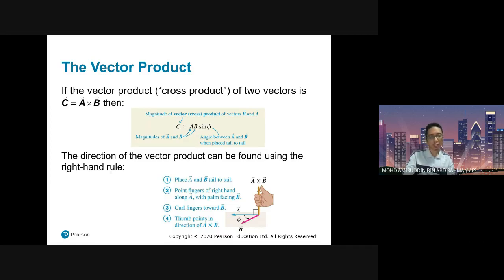Scalar means dot product, but the vector product is called a cross product. So for example, C is equal to A cross B. Then C is AB sine phi. So when it is a cross, it is a sine. When it's a dot, then it is a cos phi.